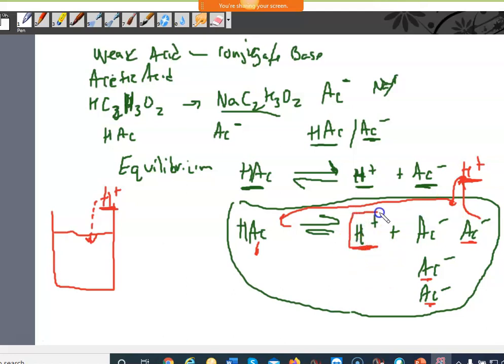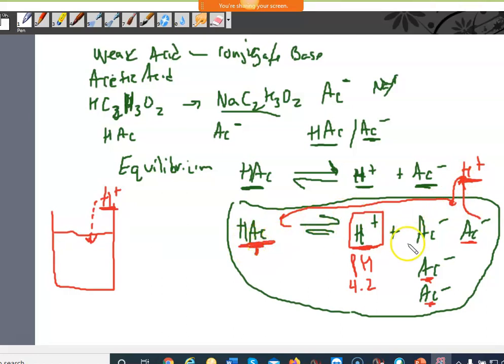Remember, this is responsible for our pH. Let's say I have a pH of 4.2. If I add more H plus into here, I would expect that to go lower. However, the extra acetates around are grabbing that H plus because our equilibrium says I can only have a certain amount of these in there. So any extra H plus added in there gets carried through and I start forming HAC.